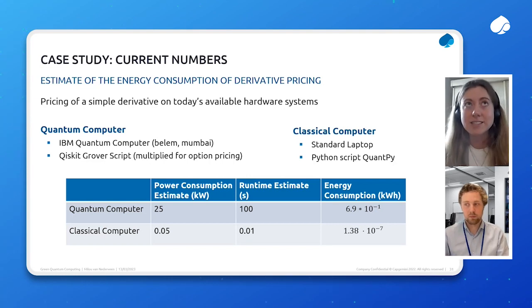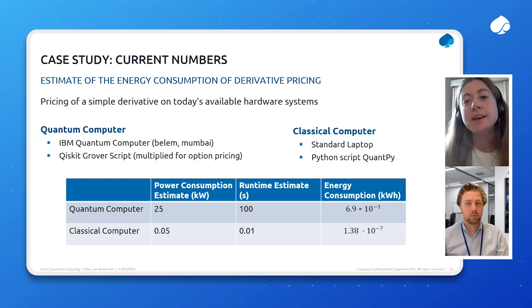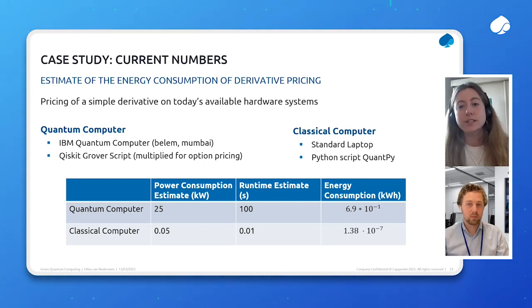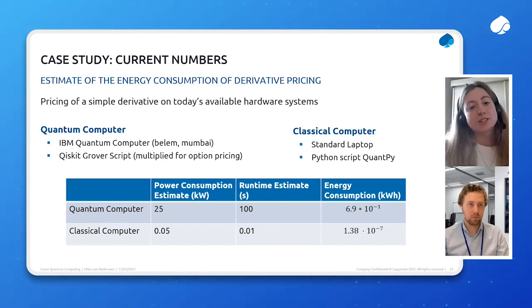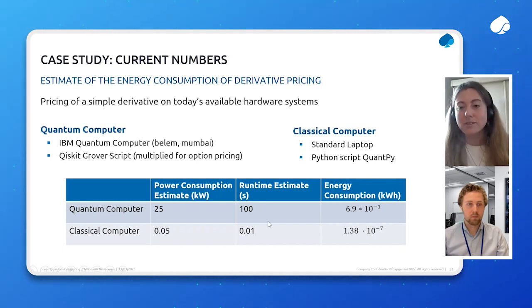For the classical computer, we used a standard Python script on a standard laptop, which is also where we based the power consumption estimates on. We could measure the run times with those systems, then find the power consumption, and with some estimate of the clock speeds, we finally come to an energy consumption.